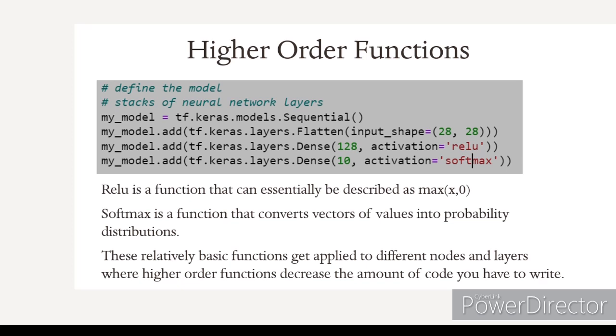Softmax is then a function that converts vectors of values into probability distributions, which are used in the end to determine whether something is what the model expects it to be. These relatively basic functions through higher orders get applied to different nodes and layers, where they can help decrease the amount of code you have to write and overall make it more readable to the user.